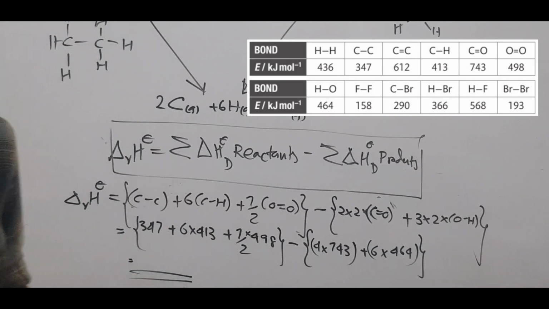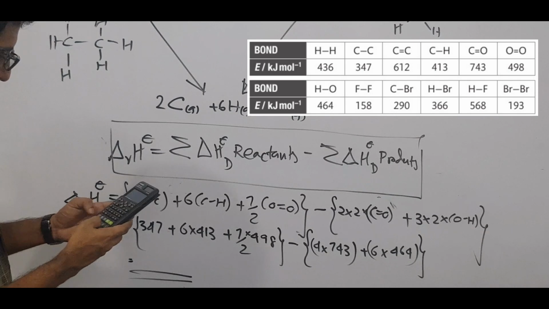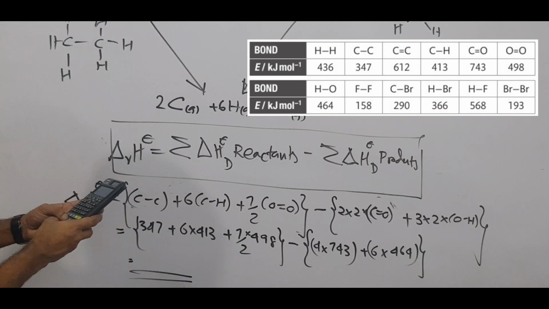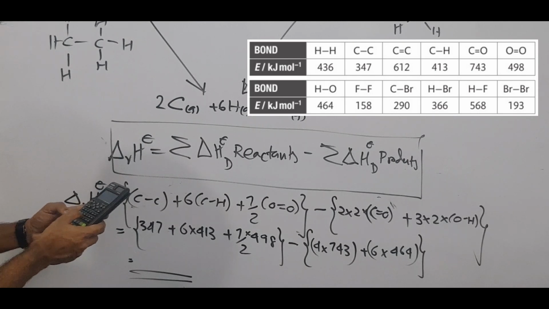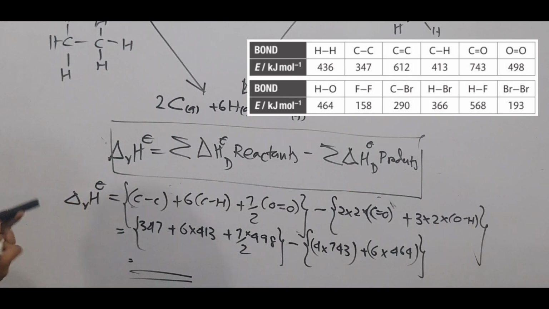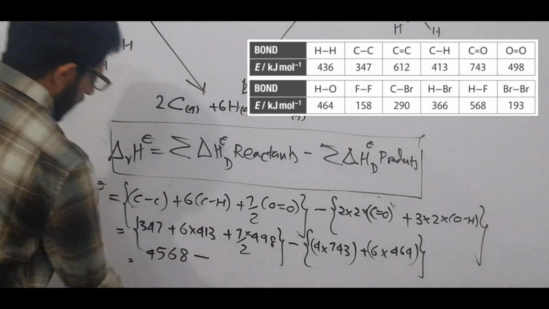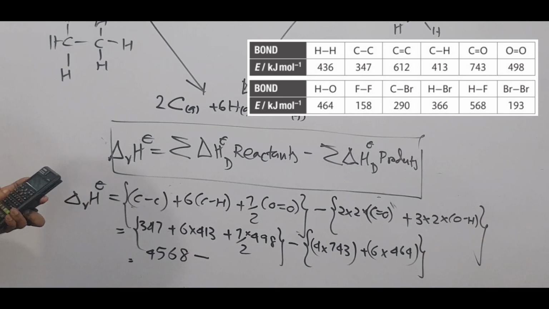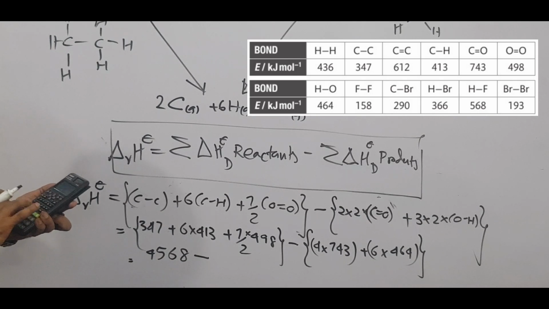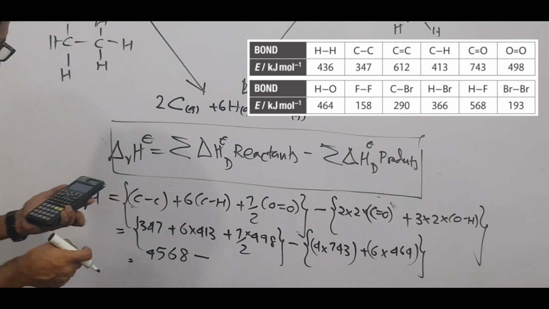So if you apply the value, it will be 347 plus 6 into 413 plus 7 over 2, that is 3.5 into 498. So 4568 here, 4568 minus that side value, 4 into 743 plus 6 into 464, 5756.